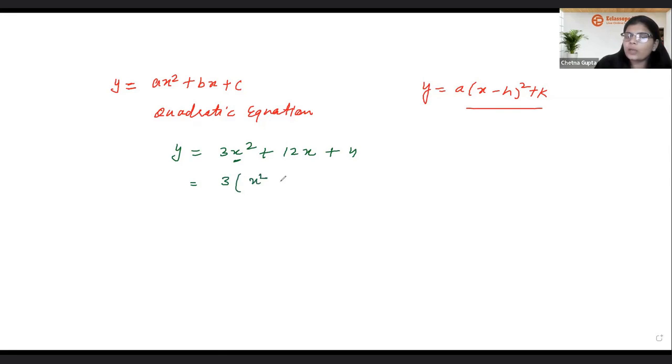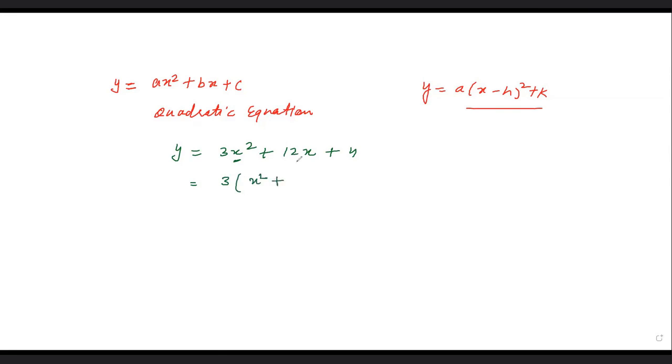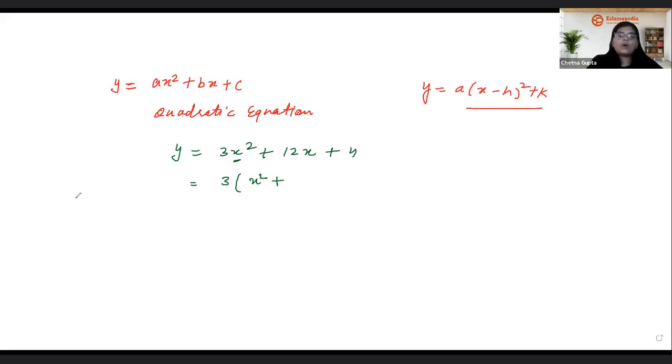It would be just x square, right? Plus, what would be here if you take 3 common from 12x? Only x. 3 into what is 12? 3 into 4 is 12.